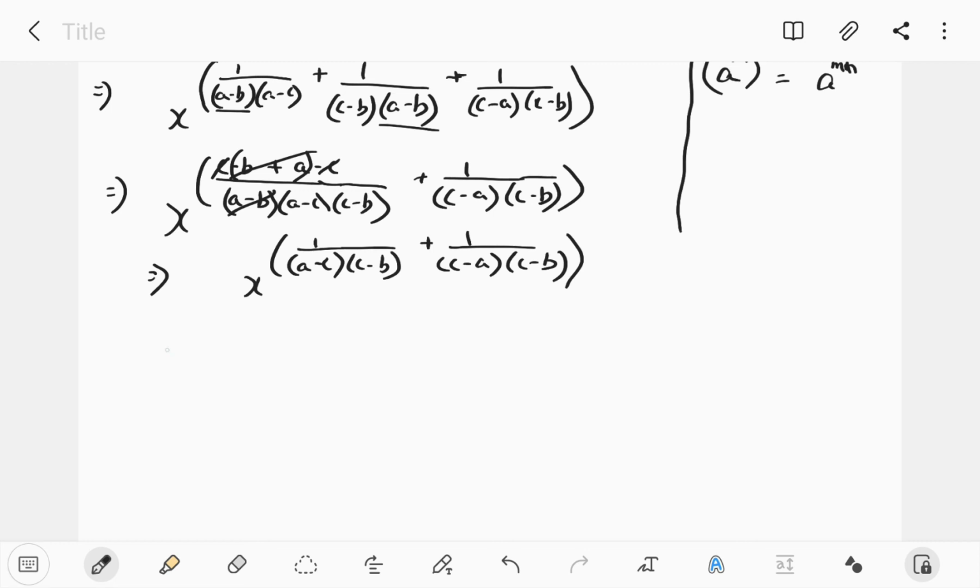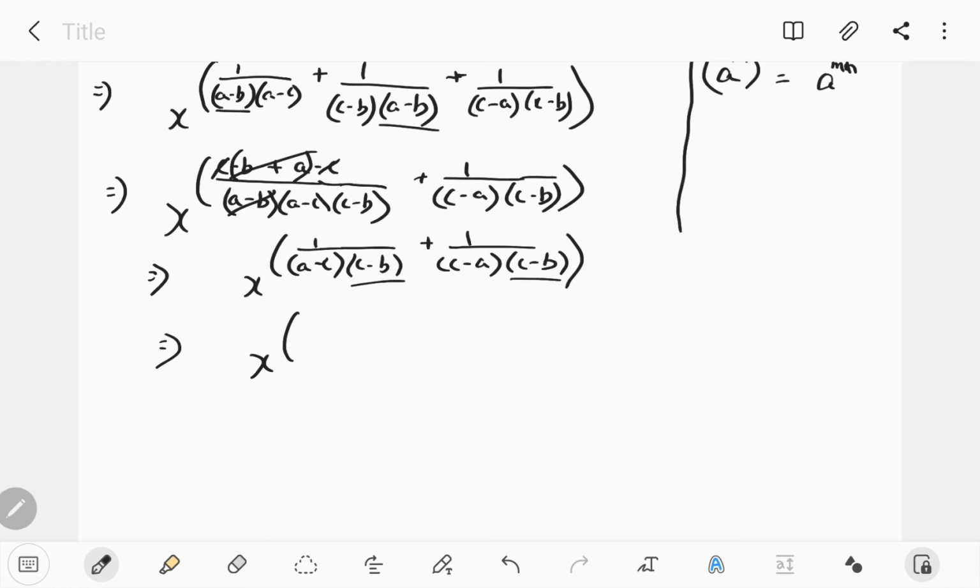Now to simplify it further, if we have a look at the denominator, x remains as it is. Here it is 1 by a minus c, c minus b. Here c minus b remains common between the two. Here it is c minus a into c minus b.